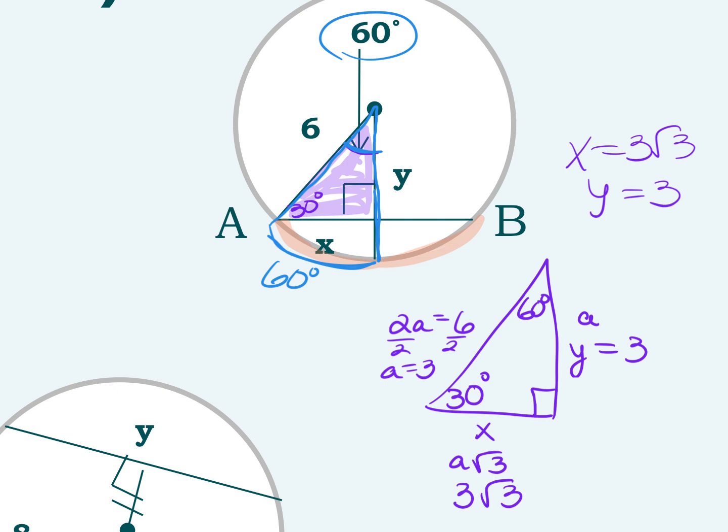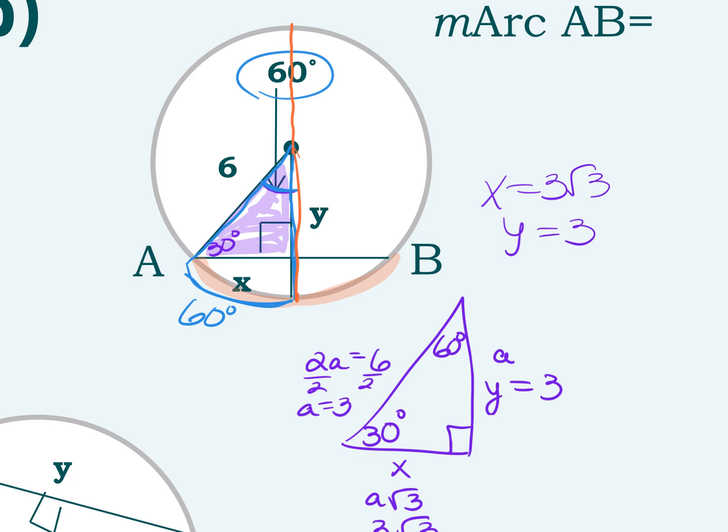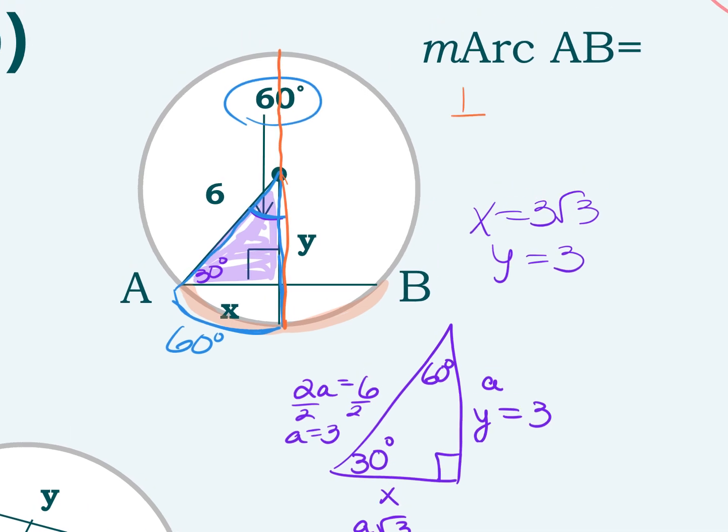And because this is actually, since this is a radius here, I could extend it and we can see that this diameter is perpendicular. So what I can use here, again, is my perpendicular chord bisector theorem.